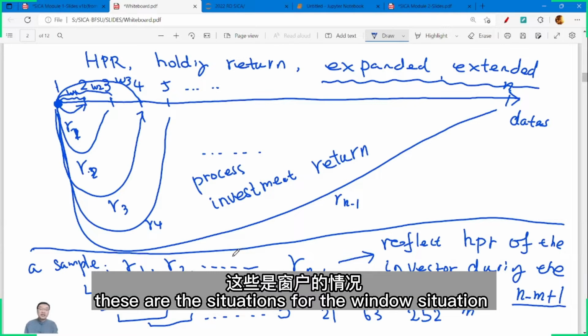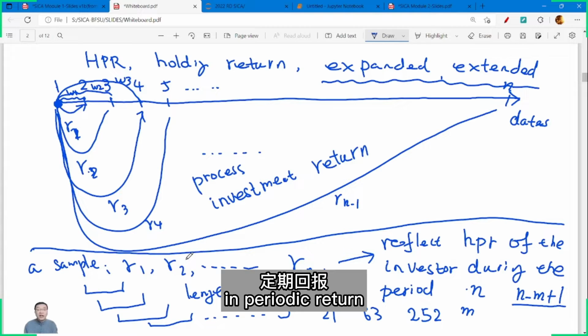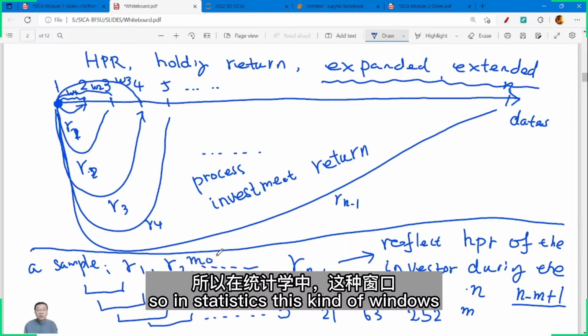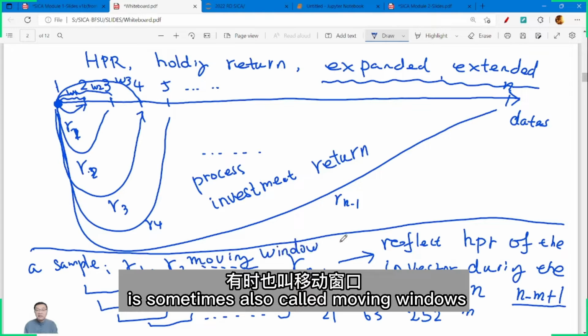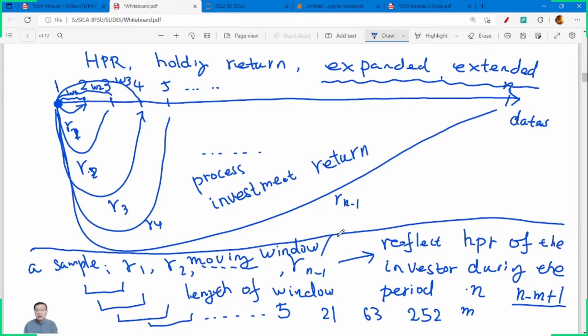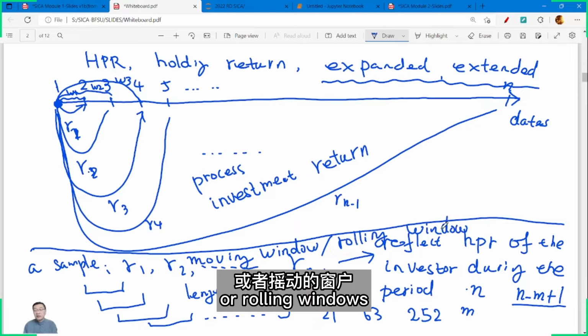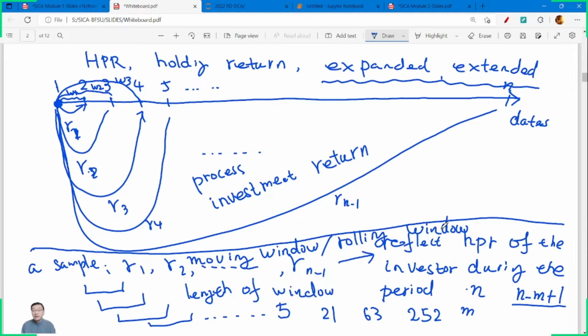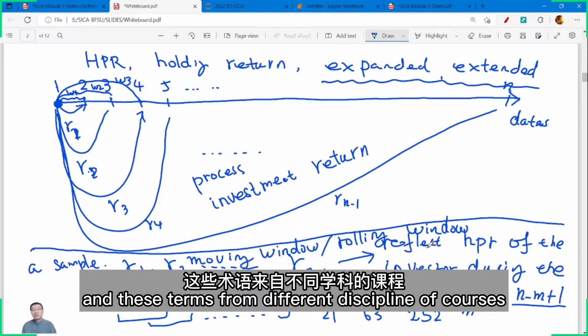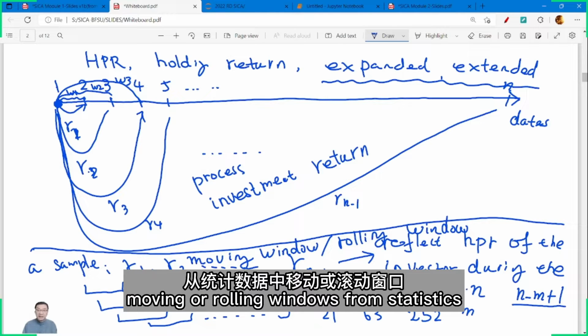So in statistics, this kind of window is sometimes also called a moving window or rolling window. These terms come from different disciplines: moving or rolling windows from statistics, and periodic return from investments.